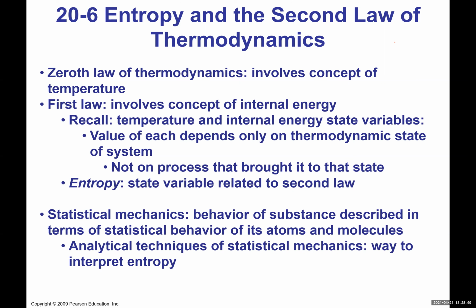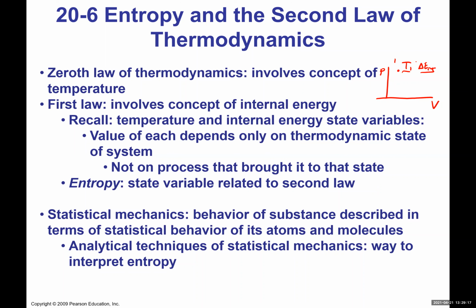Now, one thing we have is that internal energy and temperature, if you remember, are state variables. That means in a PV diagram, if I have state one, I can calculate the temperature for that state, and I can calculate the internal energy for that state. In a way, if I know the temperature, I know the internal energy of the state.